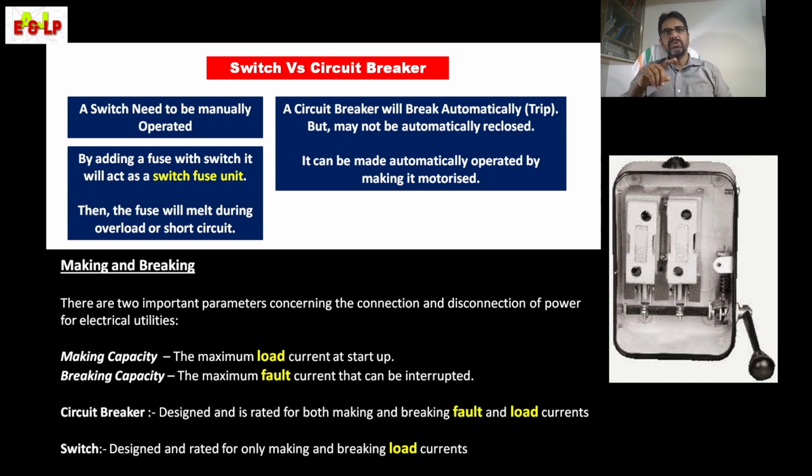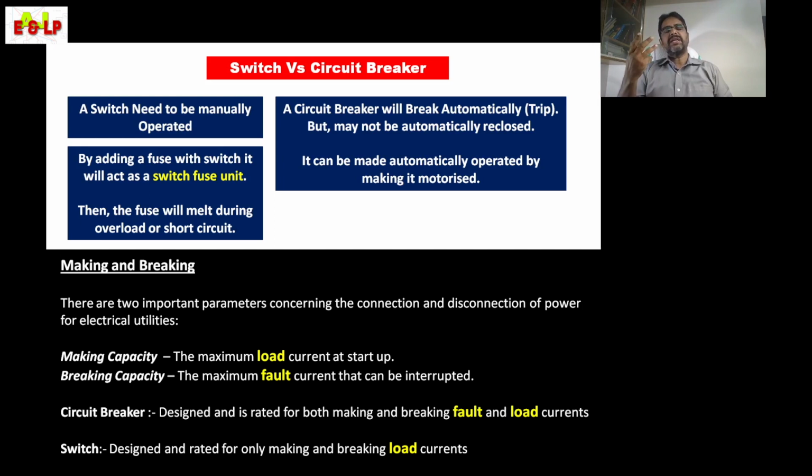But when the switch is incorporated with the fuse, it can have the breaking capacity also. The switch fuse unit will have kiloampere capacity, means it can withstand kiloampere currents. Okay.